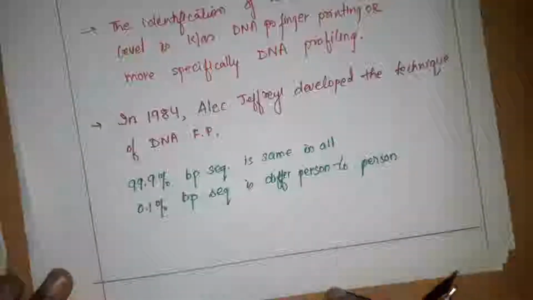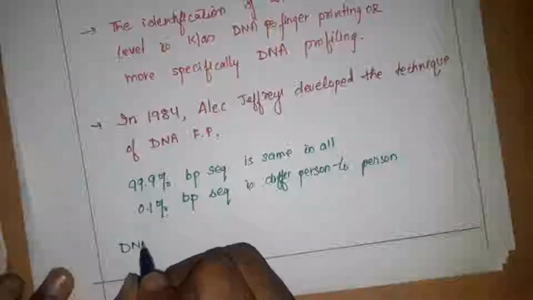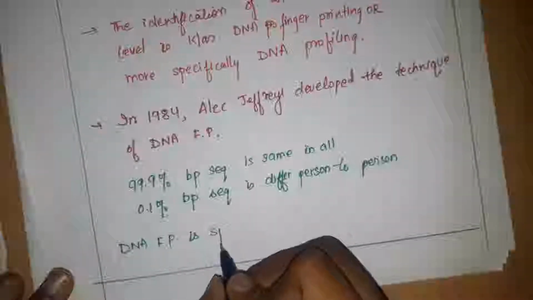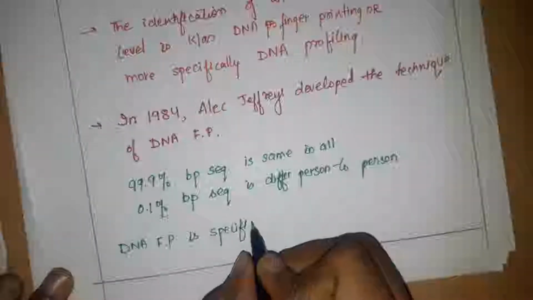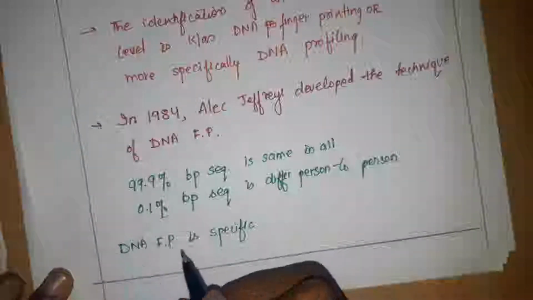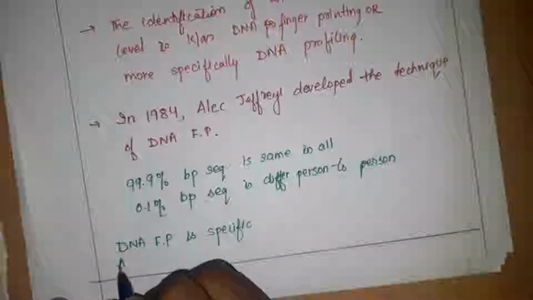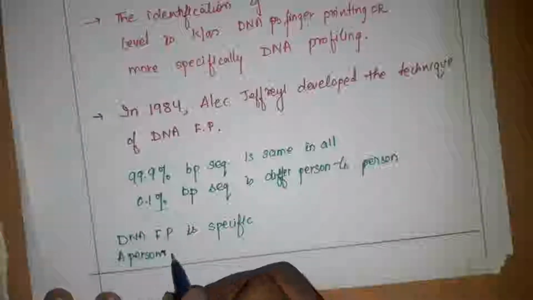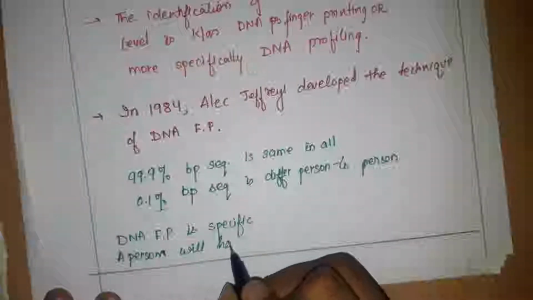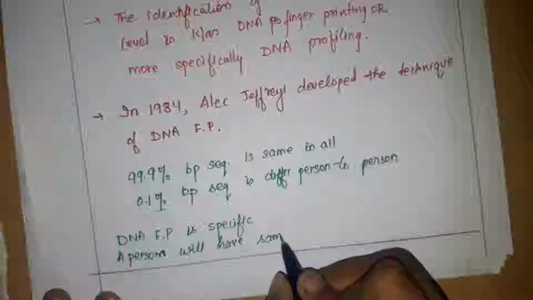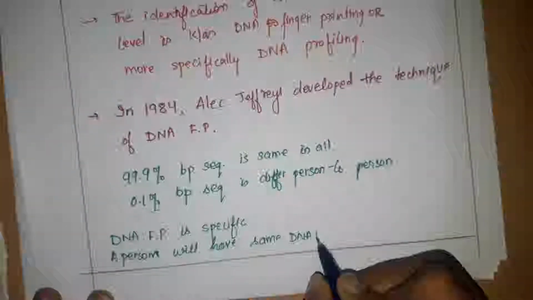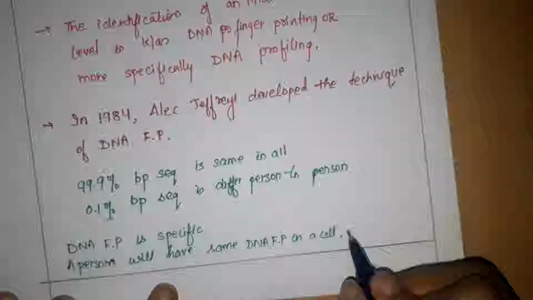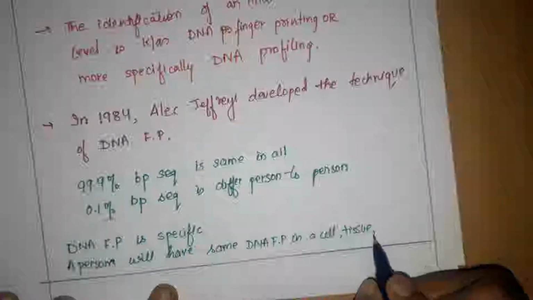And this DNA fingerprinting is specific for every individual, and a person will have the same DNA fingerprinting in a cell, tissue, organ.